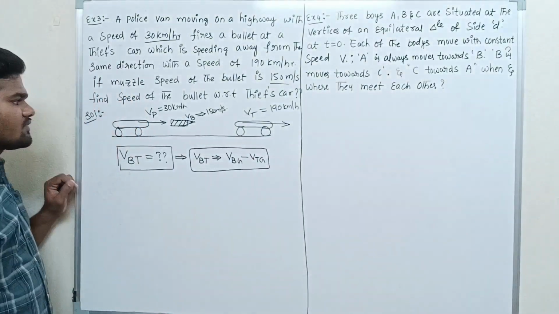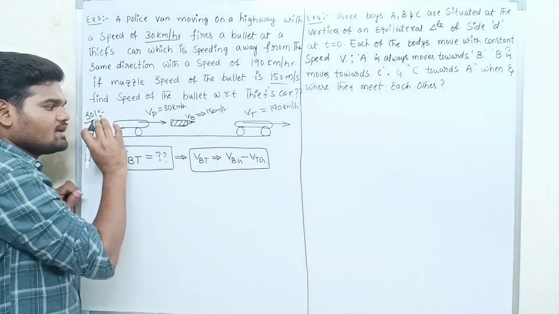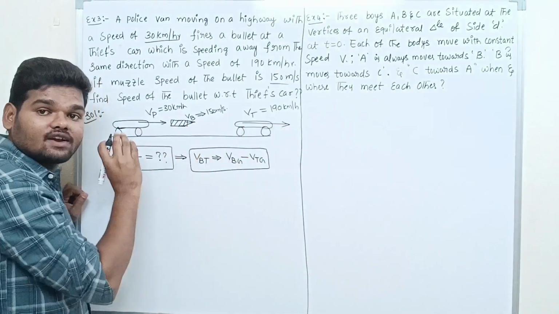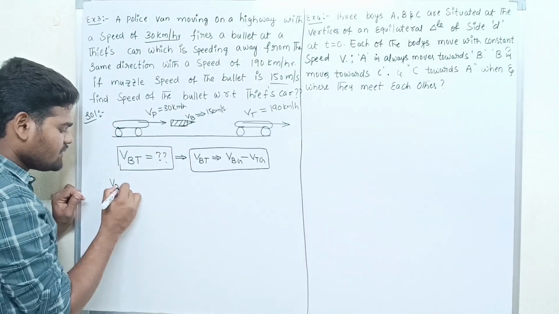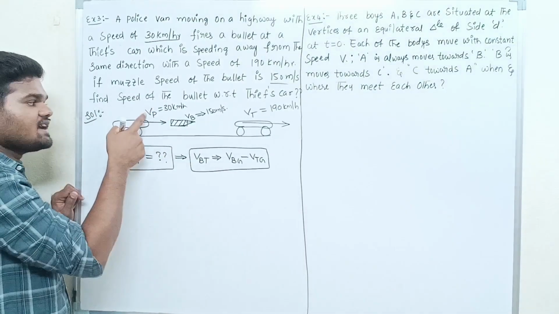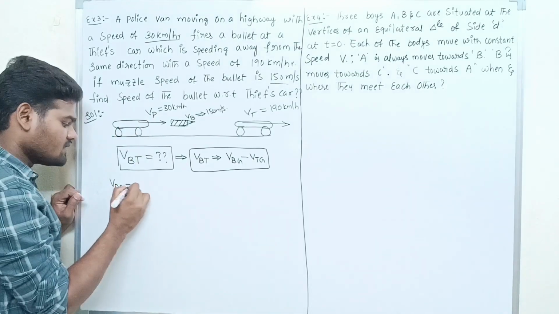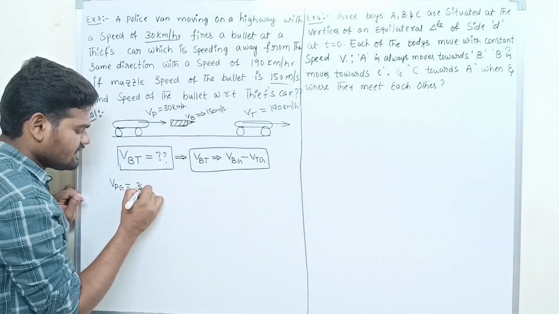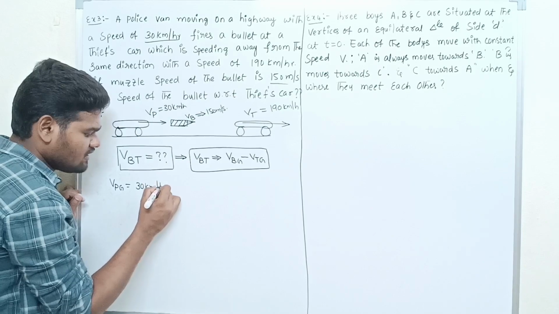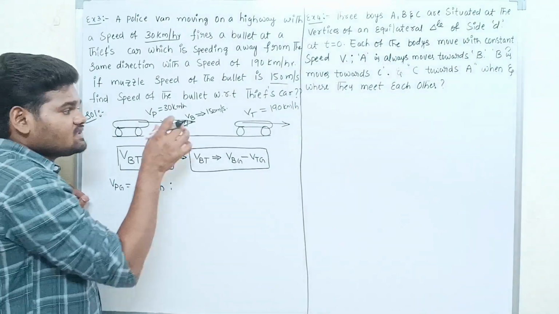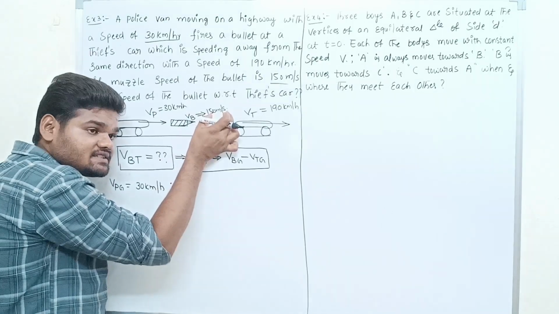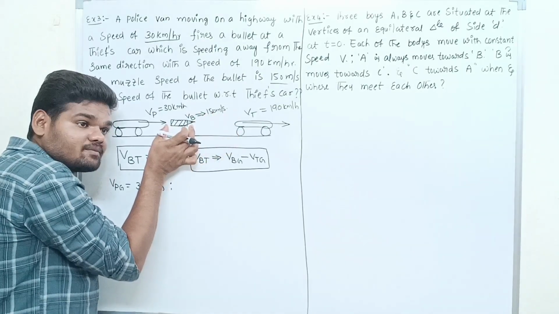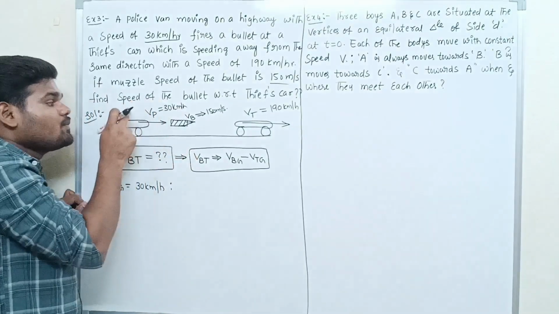Here the police car is moving on the ground. So whatever V_P is there, that V_P is with respect to the ground: the velocity of the police car with respect to the ground. How much? 30 kilometer per hour. Here the velocity of the bullet is equal to 150 meter per second, and it is fired from the police van.